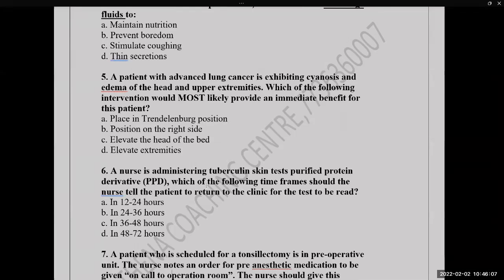If the patient has edema over the upper extremities, you are not supposed to provide a head-low position. That means you can remove A. Position on the right side has no relation. Elevating the head end of the bed can be. Elevating the extremities is for edema of the lower extremities, but this is on the upper extremities. So the answer is elevating the head end of the bed. So C is the answer.